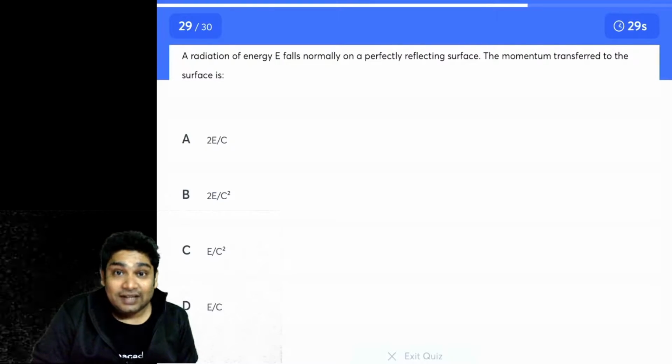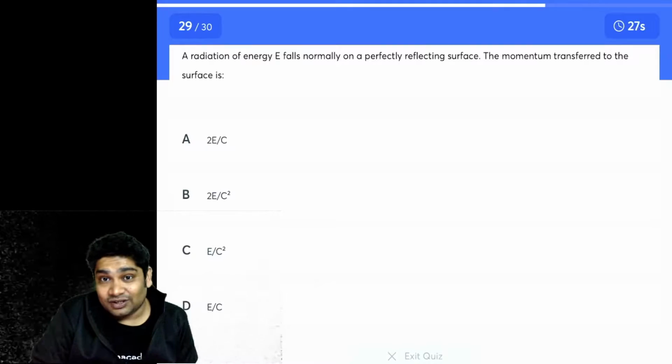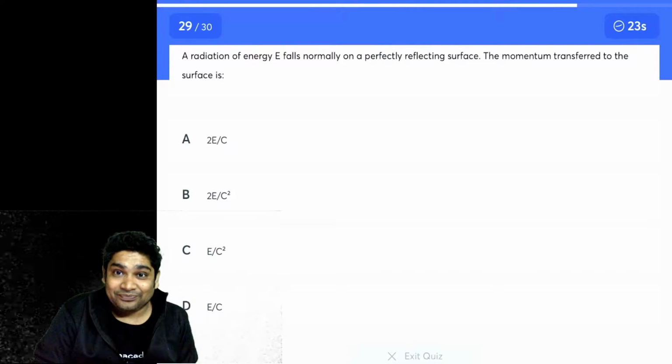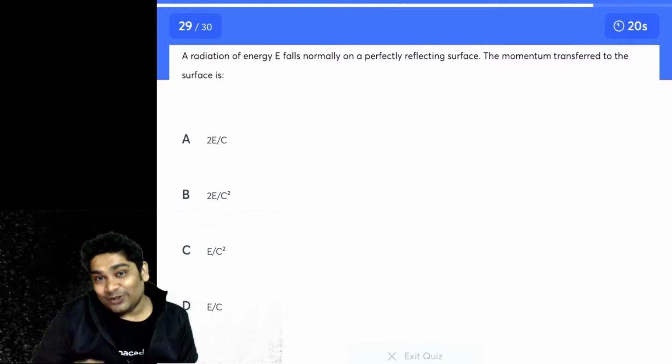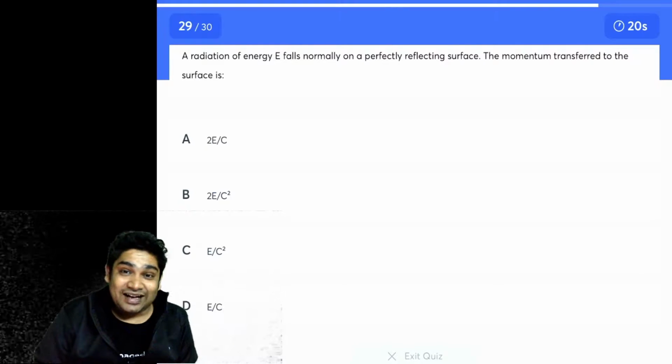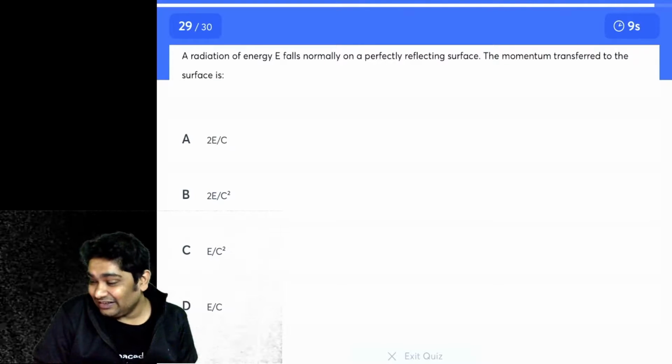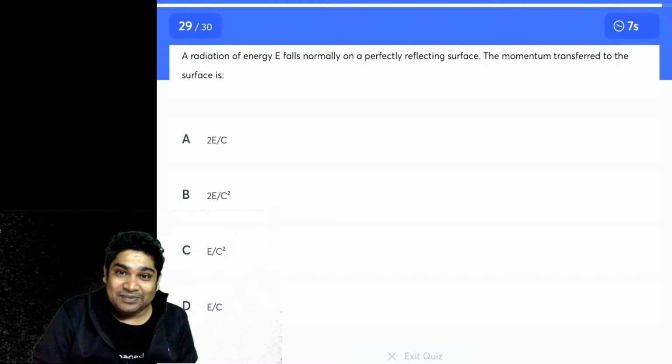Last 30 seconds. This is the second last question. So try and get the last two questions right. Hold on to those leaderboard positions, and those who are aiming for the leaderboards, this is your chance. Last two questions. If you want any change in the leaderboard, now is the time. All right, time is almost up.